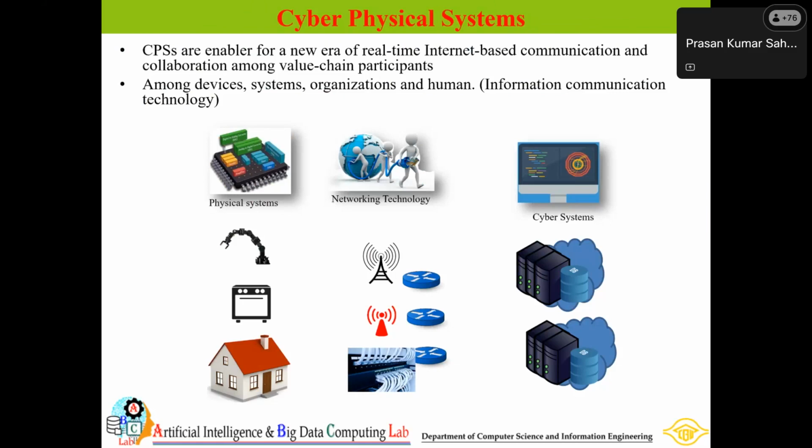And then the cyber system, where we can have the fog nodes or the cloud computing environment, or both fog and cloud computing environment. Of course, in between physical and cyber systems, the network technology plays a very important role, which could be Wi-Fi, Bluetooth, Zigbee, 5G, 6G network.